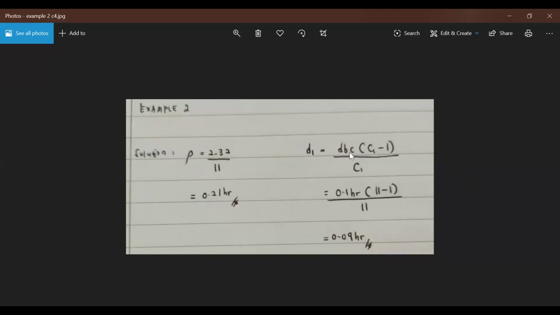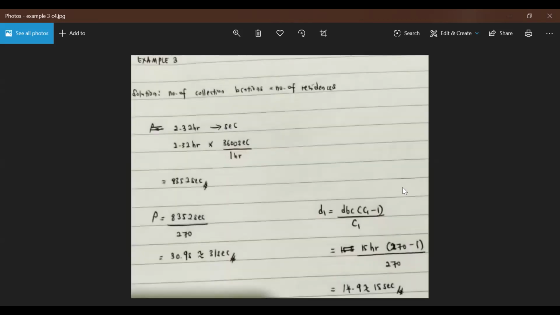For D1, equals DBC multiplied by (C1 minus 1) divided by C1. DBC you can get from the question, this is 0.1 hours, multiplied by (11 minus 1), divided by 11, so you can get 0.09 hours. So I will proceed to the next slide.